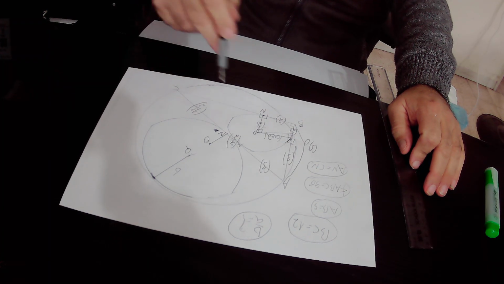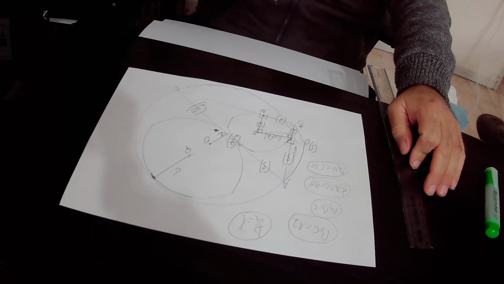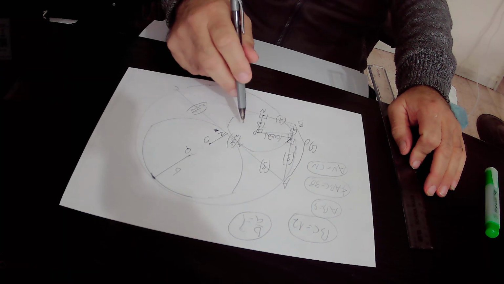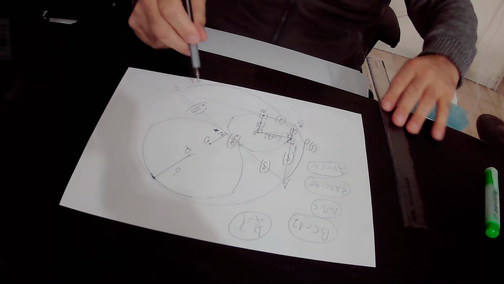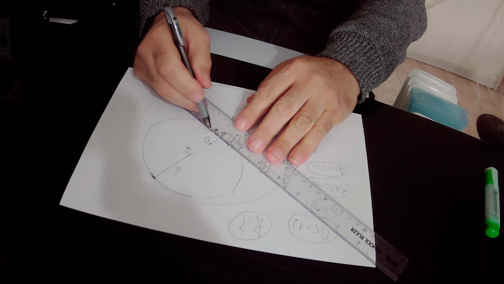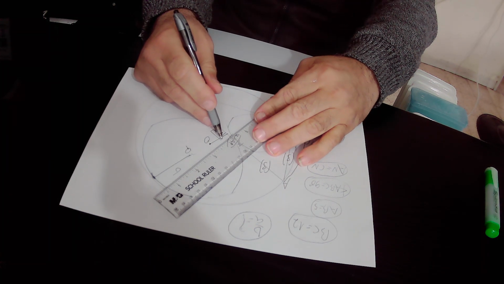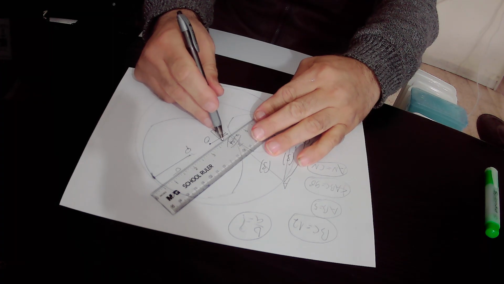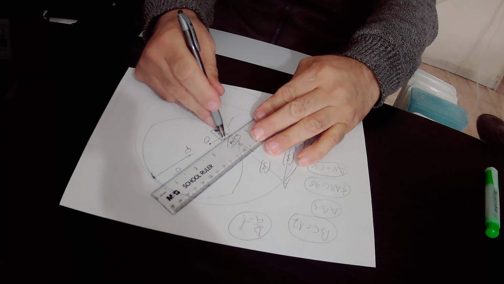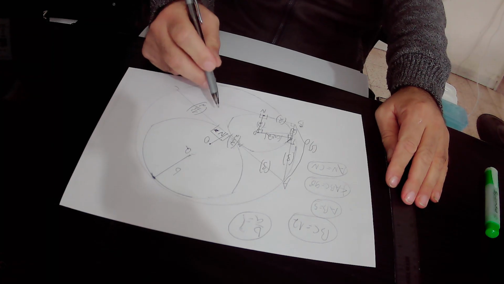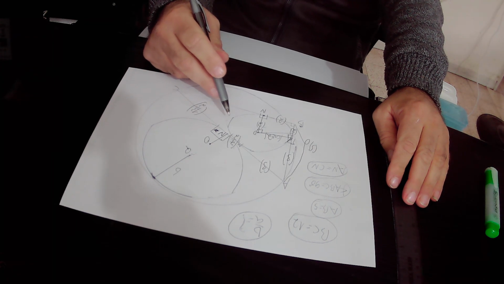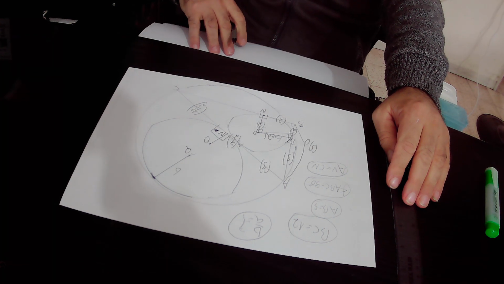Why? Because AN equals NC. Therefore, according to rule number 7, line segment ON must also be perpendicular to AC. That is to say, this angle must be equal to 90 degrees, and this angle must also be equal to 90 degrees. So we can write down that ON is perpendicular to AC according to rule number 7.